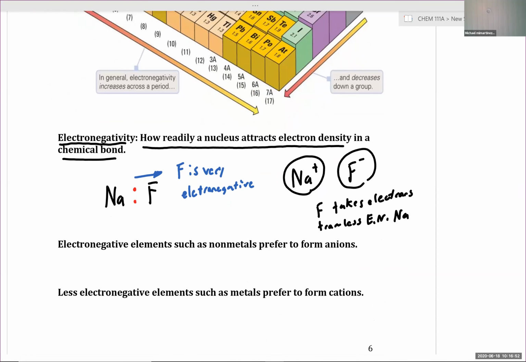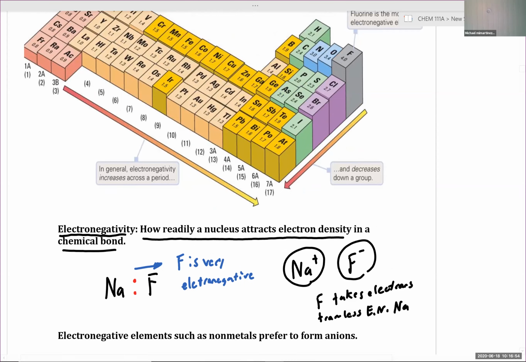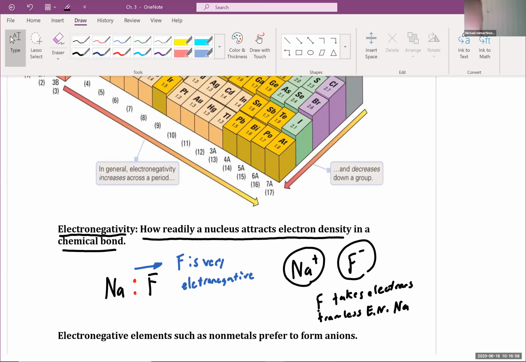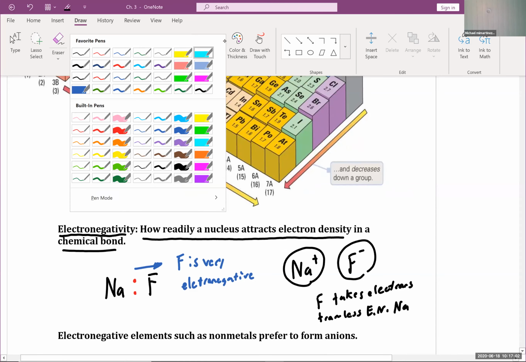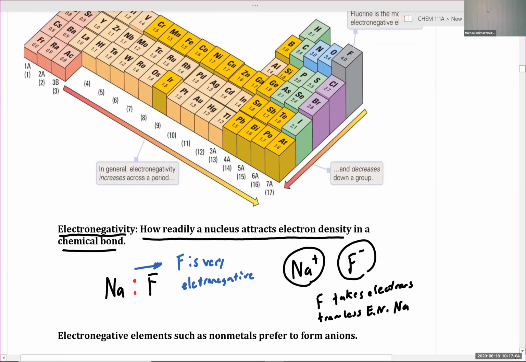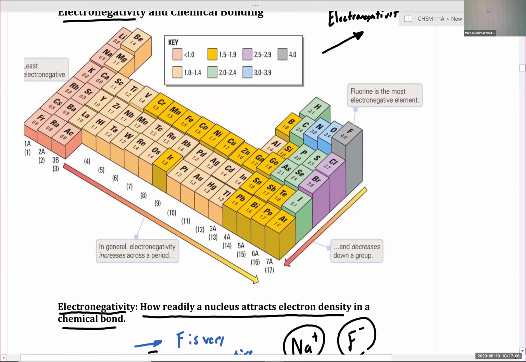Now, most of our electronegative elements, as we can see, are on the right-hand side of the periodic table. What elements are on the right-hand side of the periodic table? Are those the metals or non-metals? So if you look at this electronegativity table, what elements are on the right-hand side of the periodic table for the most part?